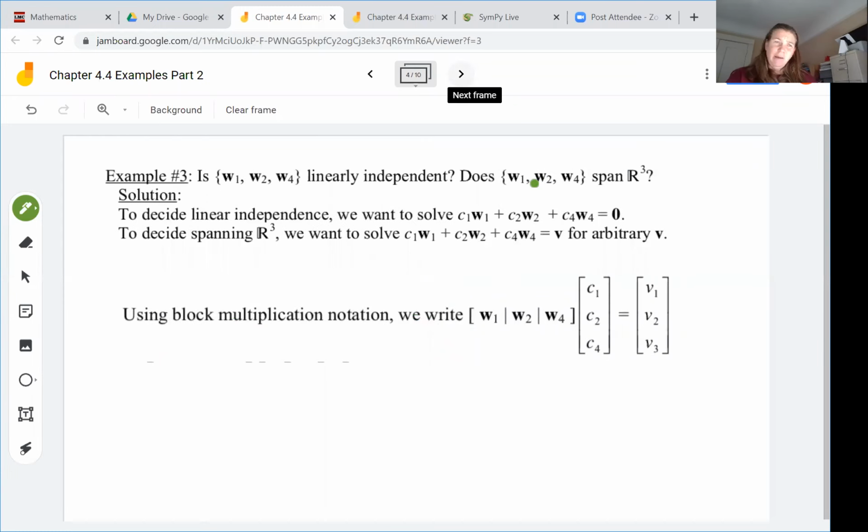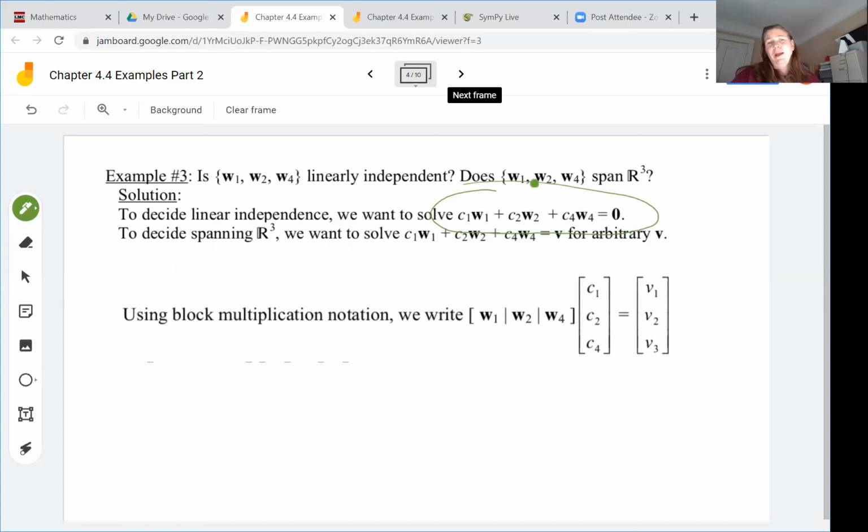Okay, let's take a look at example 3. Example 3 asks, is W1, W2, W4 as a set linearly independent? And does W1, W2, W4 span R3? So again, to decide linear independence, we're going to solve this equation with our coefficients: C1 W1 plus C2 W2 plus C4 W4 equals 0.